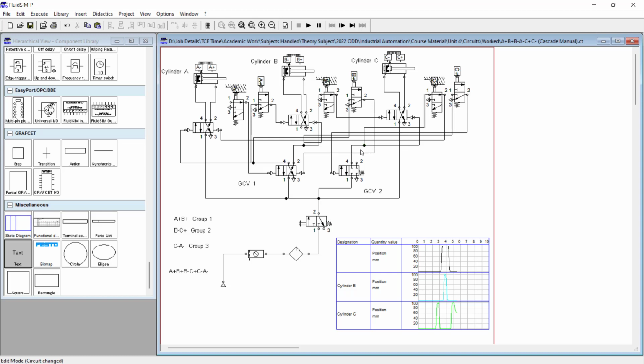C minus receives the power from power line 3, and A minus also receives the power from power line 3.